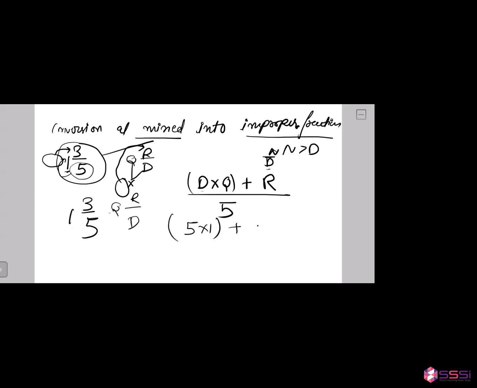What we're gonna add? 3. Plus 3 divided by D. D will come here. This is the formula we can say.